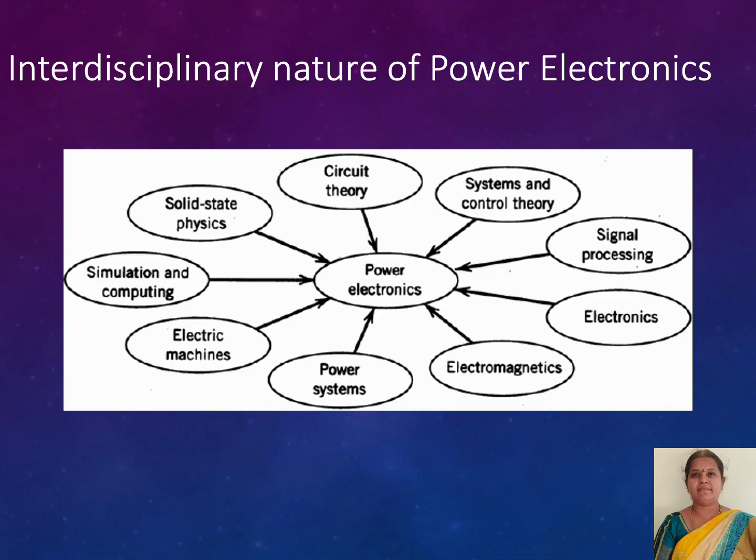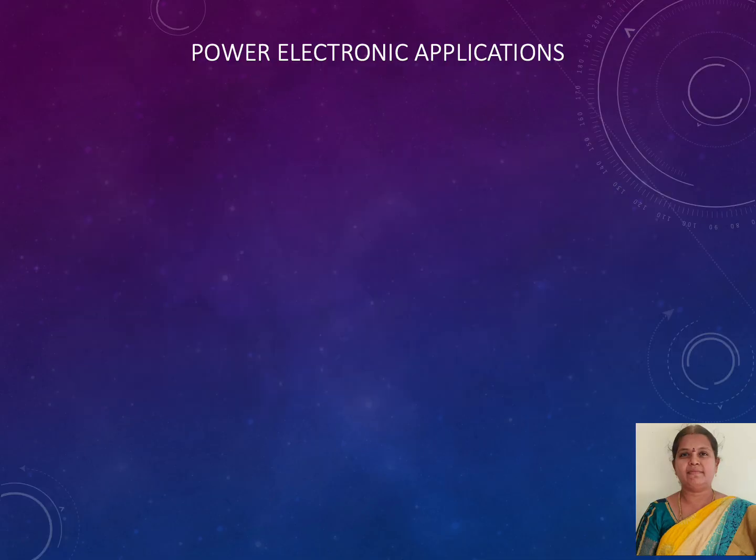And system and control theory, signal processing, simulation and computing are very important for designing the control circuitry for this power electronic system. So power electronics is not a single subject. If you want to design a power electronic system, you need to have deep knowledge in all these areas. Then only the system we design is efficient and will serve the purpose for which it is designed.